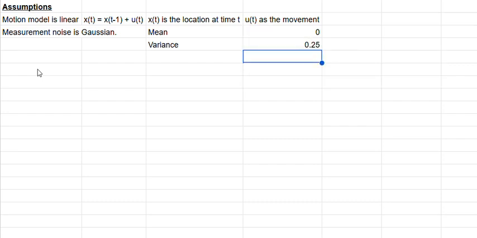Let that be the variance. So the standard deviation is 0.5.